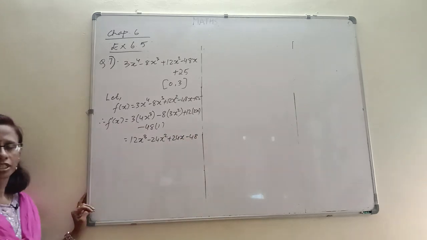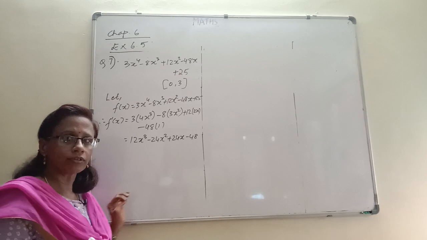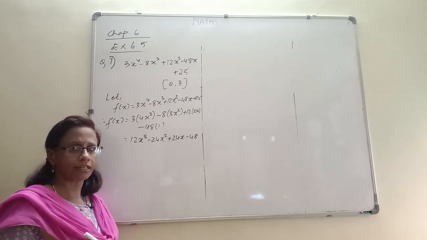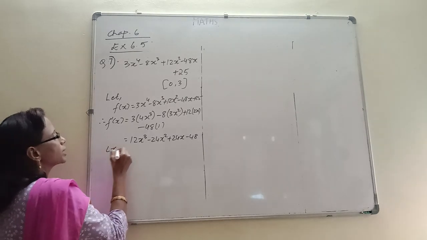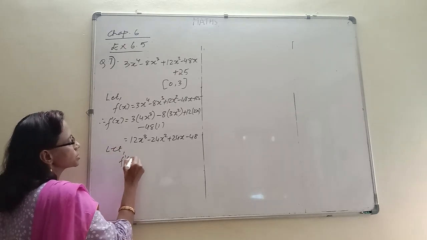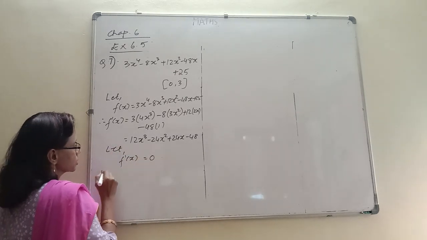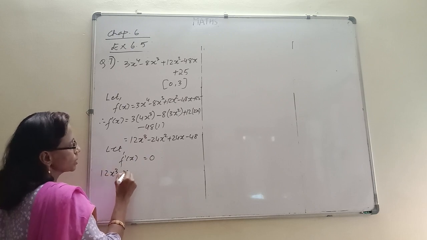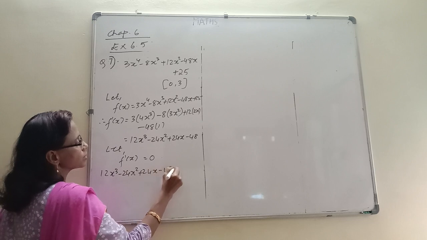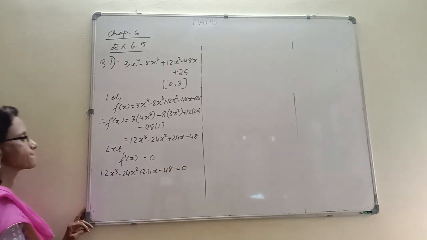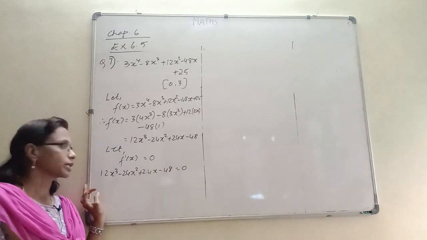So that's your function. It's for us to find the critical points and then the maximum and minimum. For the critical points, let's set the first derivative to 0. Therefore, 12x cubed minus 24x squared plus 24x minus 48 is 0. We have to find what the critical points are.